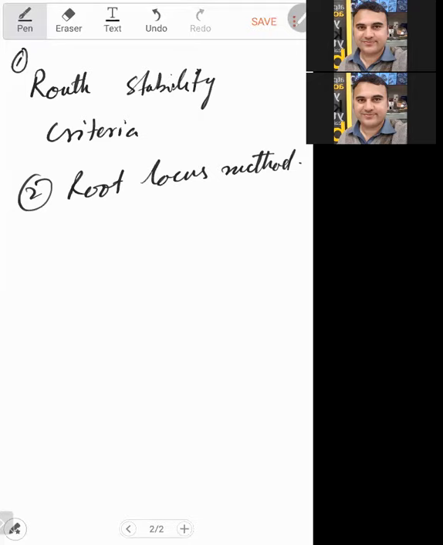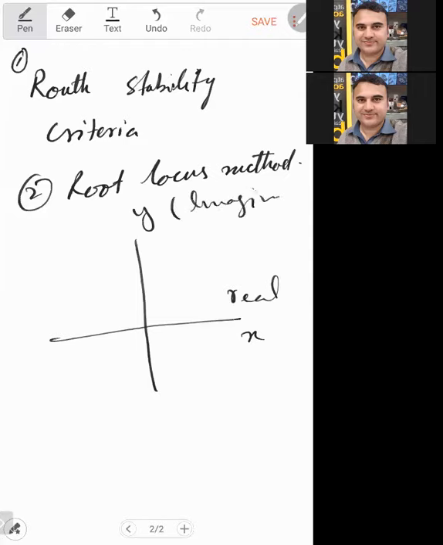We are dealing with the output signal in the complex domain, the S domain, and we already know that this is the complex domain which has the x and y axes. x is the real axis and y is the imaginary axis, and we call it the S domain.